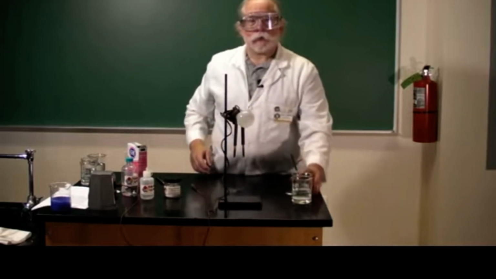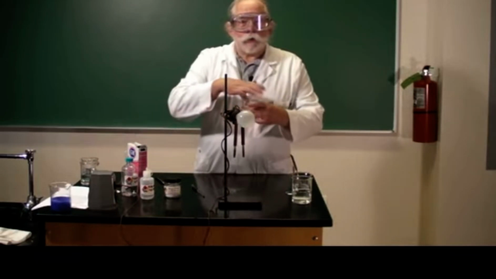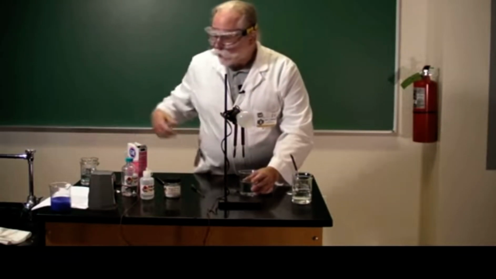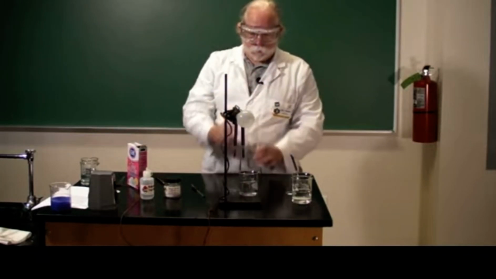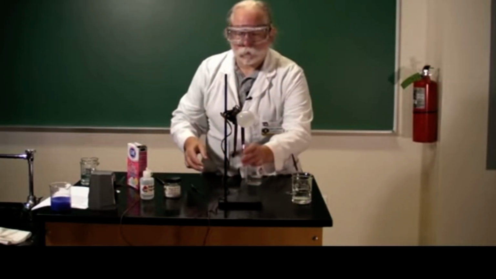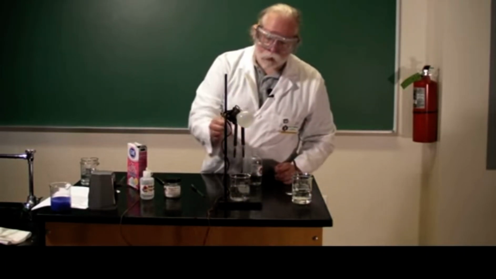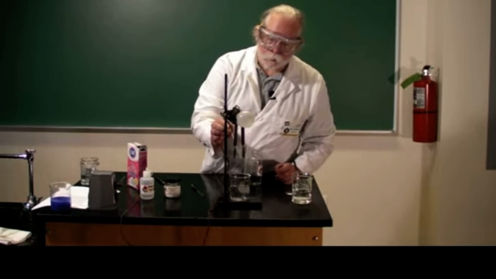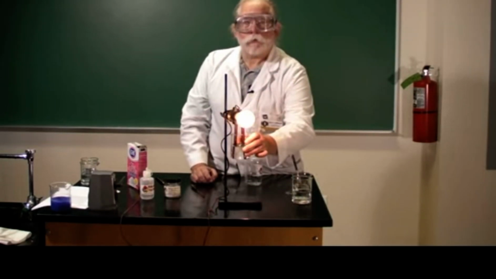Some acids and bases are also strong electrolytes. Here's an example of some hydrochloric acid. Only a little bit in the water, and about 10 drops will allow the light to light up very brightly.